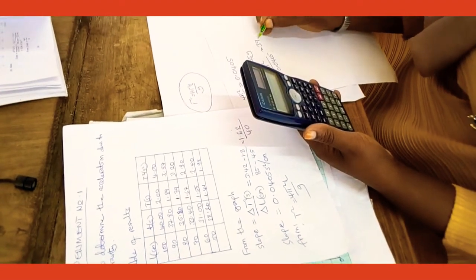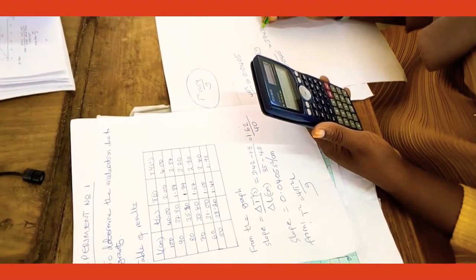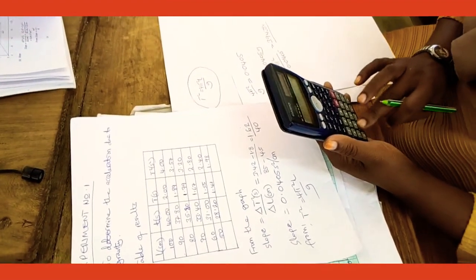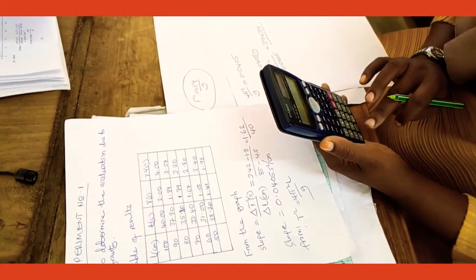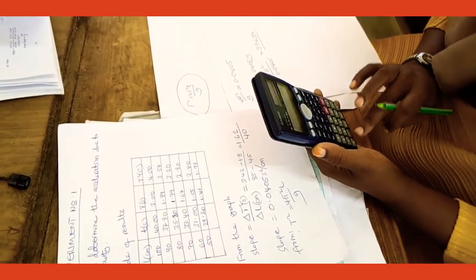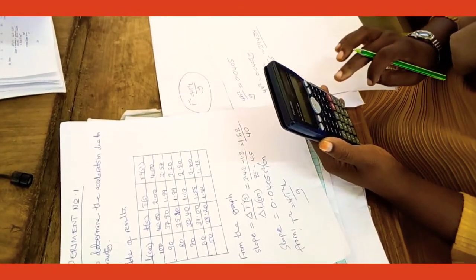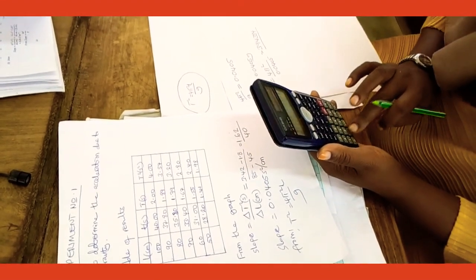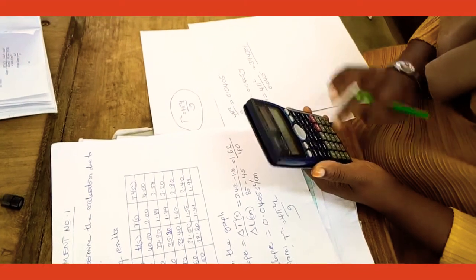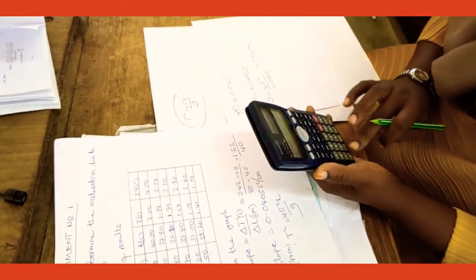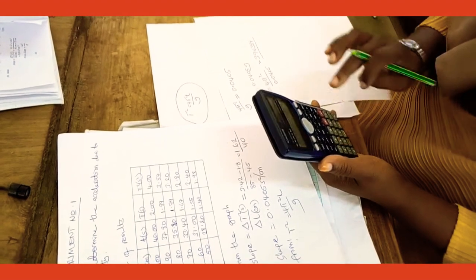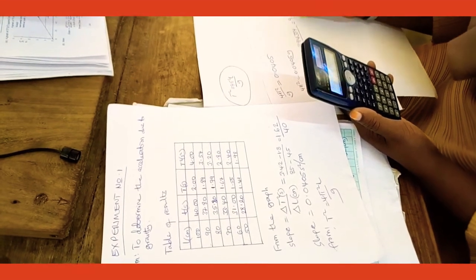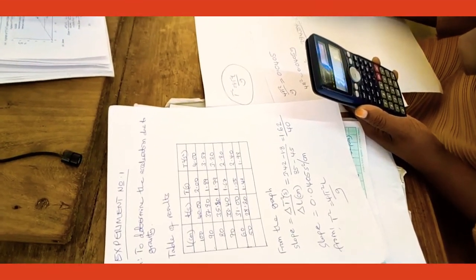This is 39.4384. Divide by 0.0405. This is 973.78.